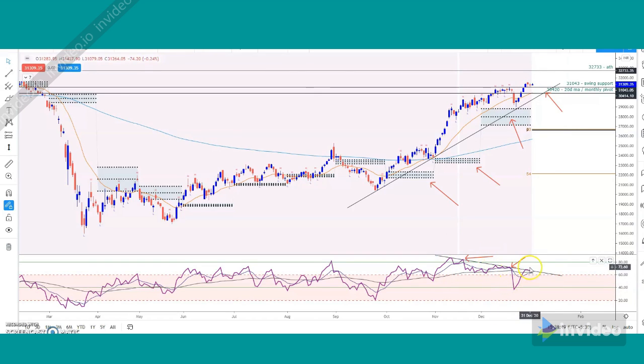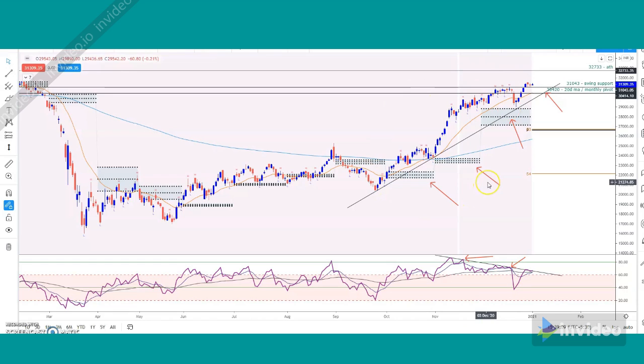So until and unless that happens, we cannot come to a conclusion solely from this bearish divergence of RSI. So to conclude, in the higher time frame, the context is broadly bullish.